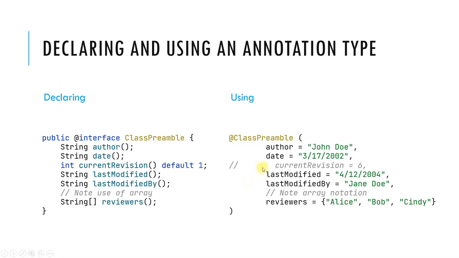So we will just say about it. Also, if we use only one variable here, then we can skip specifying the name of the variable. So for example, we can just write only John Doe if we have only one parameter in this annotation.